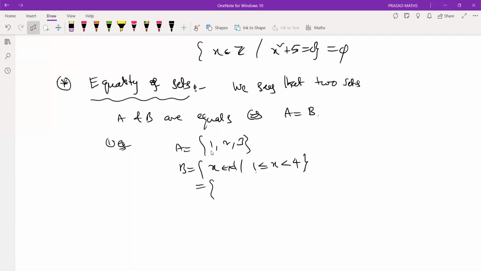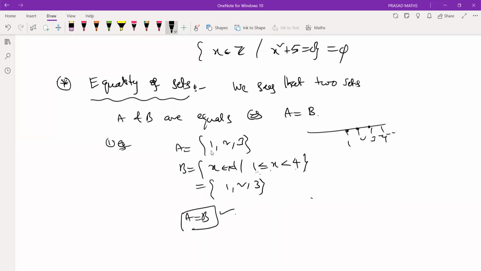My set is the set of all natural numbers: 1, 2, 3, 4 going on. What I require is the set of all natural numbers lying between 1 and 4 including 1. Lying between 1 and 4 means 1, 2, 3, and 4 is not included. Therefore these two sets are equal. Therefore A equals B.